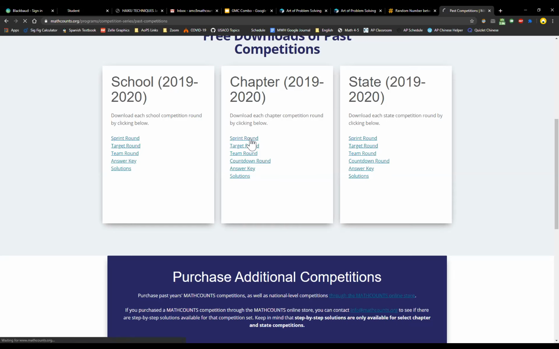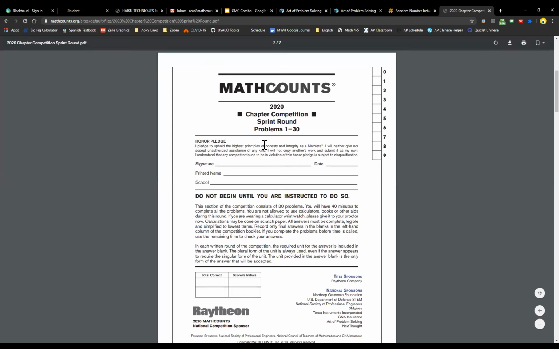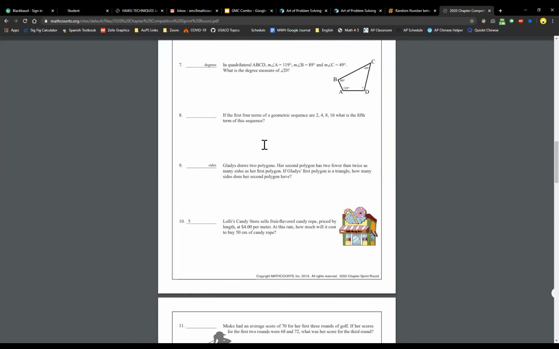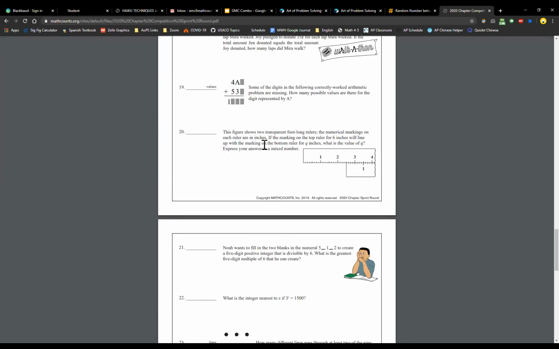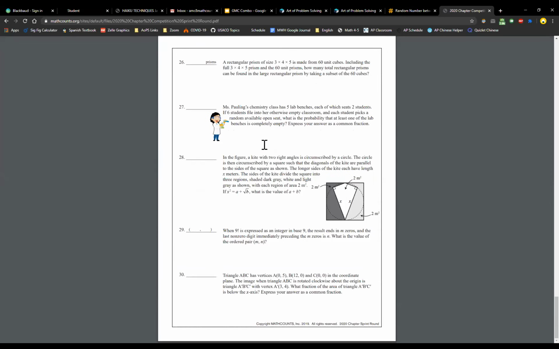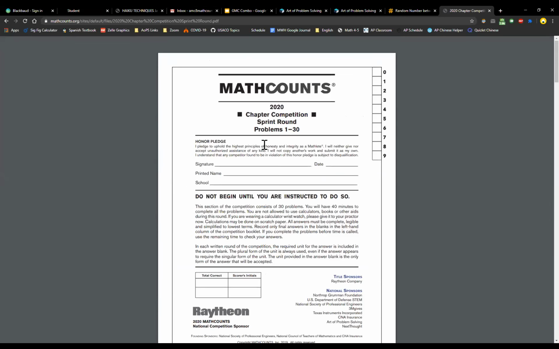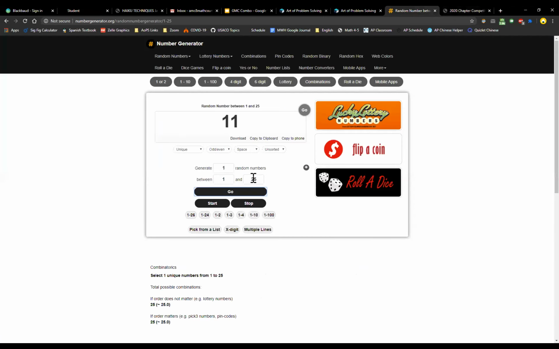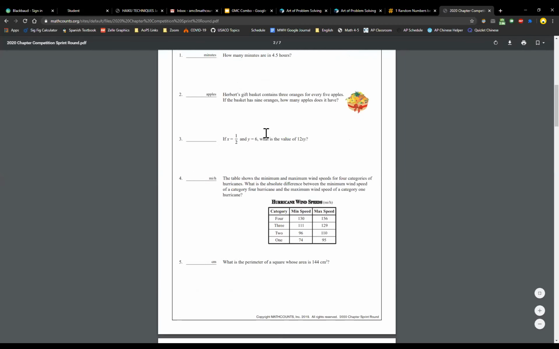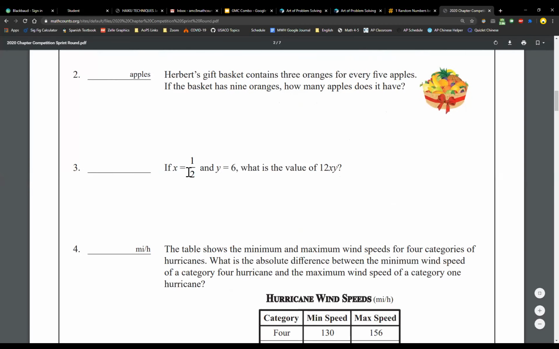Okay, let's see chapter. This is gonna be new for me too, because I've never done this test. All right. Which problem do we do? Random number between 1 and 30. Okay, let's see number 3. If x equals 1/2 and y equals 6, what is 12xy?